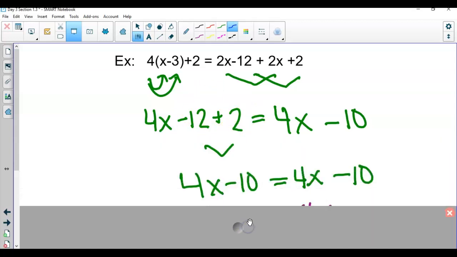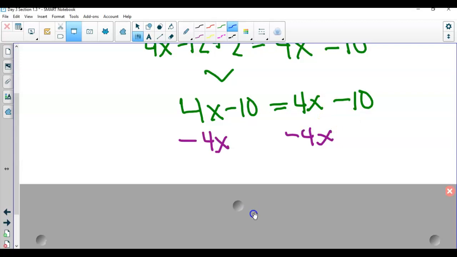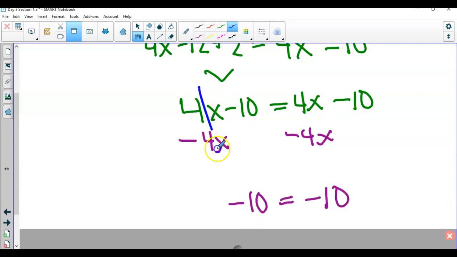That gives me 4x minus 10 is equal to 4x minus 10. Some of you again know what the answer is going to be, but let me just talk through it real quick. I'm going to combine these variables, these 4x's, and when I subtract 4x, I'm left with negative 10 is equal to negative 10. And that means we have all real solutions for our answer.